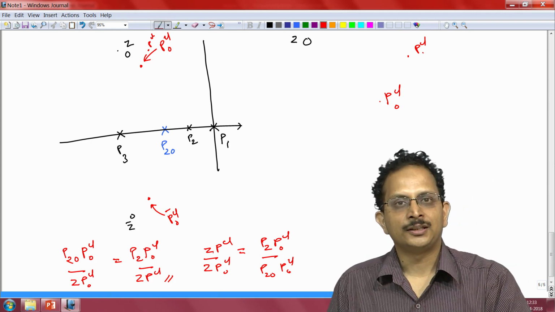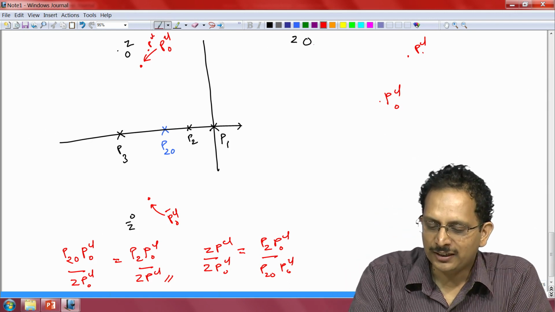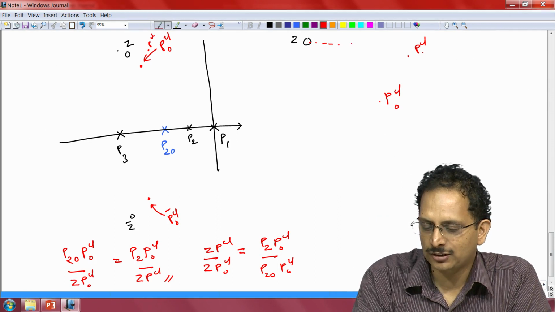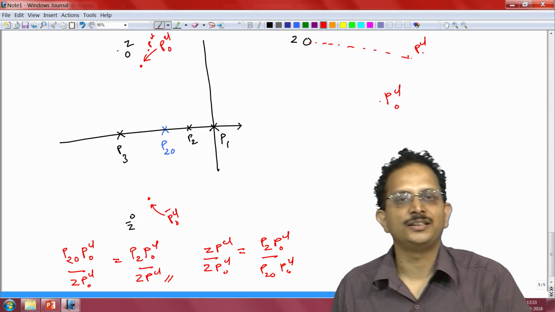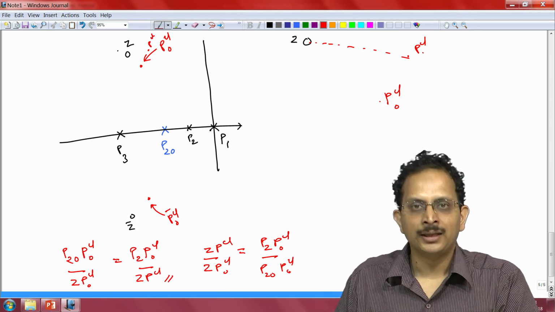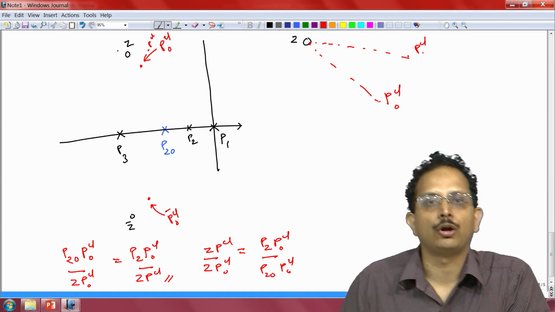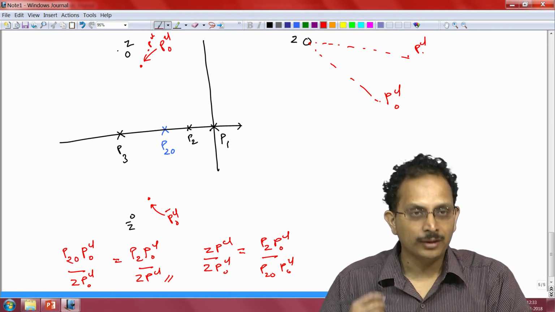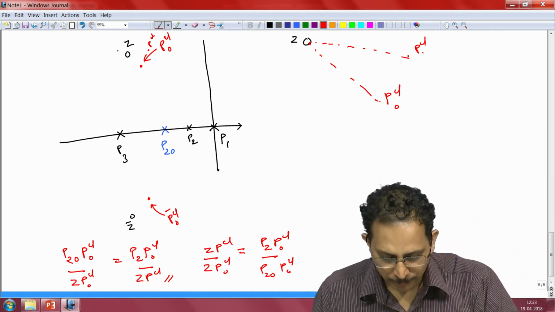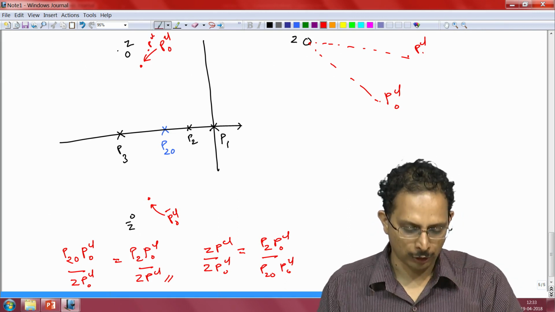Now the term Z PCl essentially refers to the complex number that connects the point Z to the point PCl. The term Z PCl naught represents the complex number that connects the point Z to the point PCl naught. Now on the right hand side we have P2 PCl naught and P2 naught PCl naught.